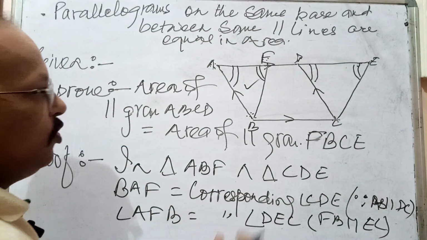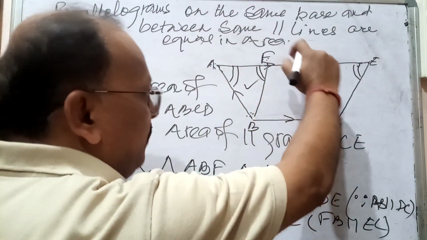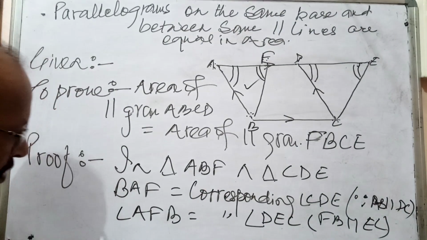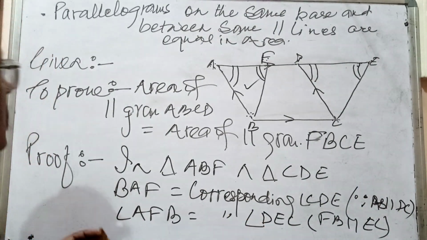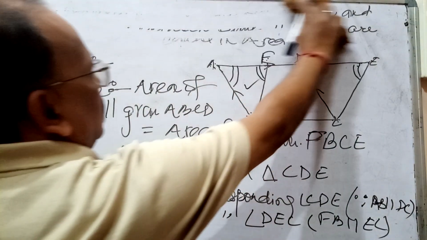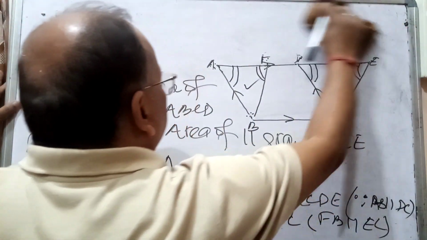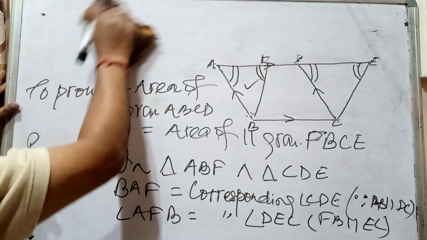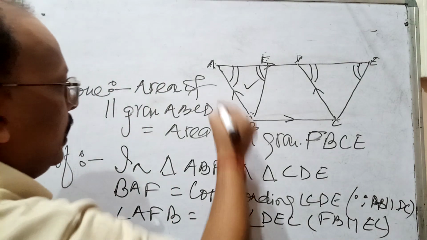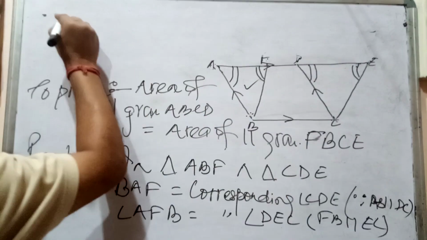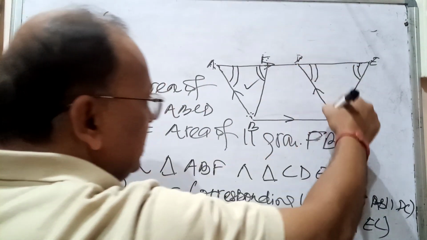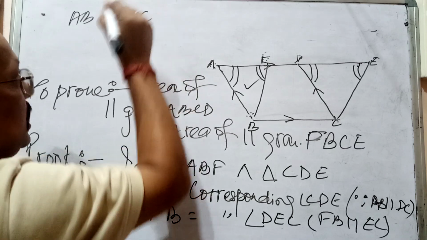One more condition: you know that this is a parallelogram, so AB equals DC. Sorry, there is no place, so I am writing here. You pause and watch. Now again AB equals side DC.